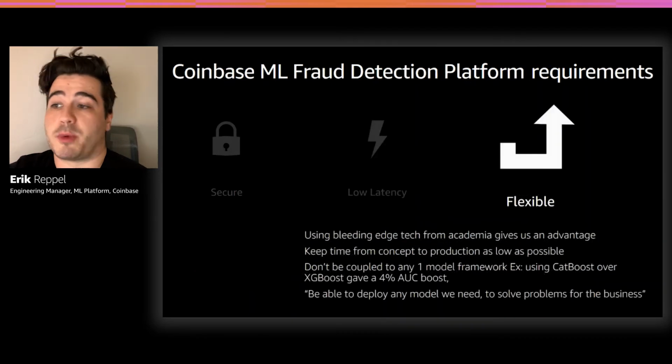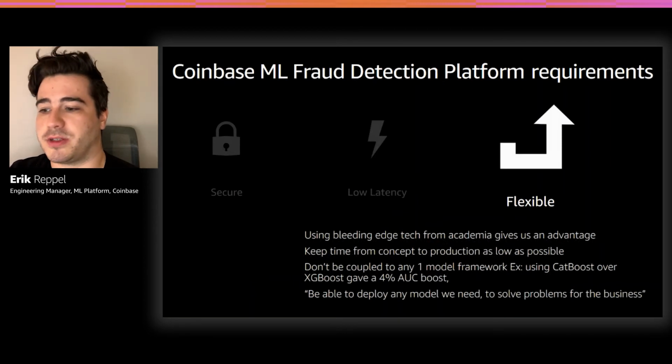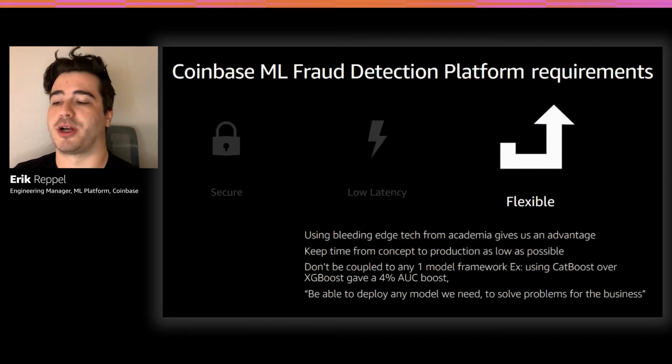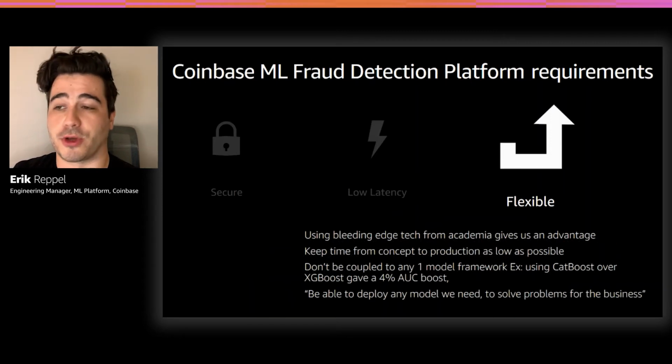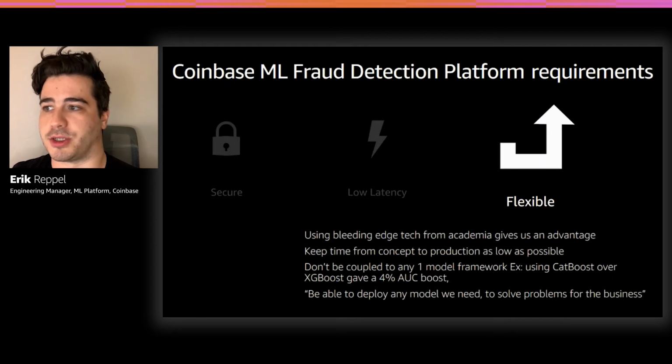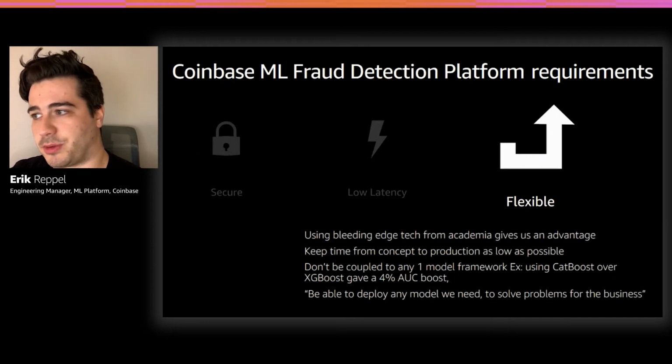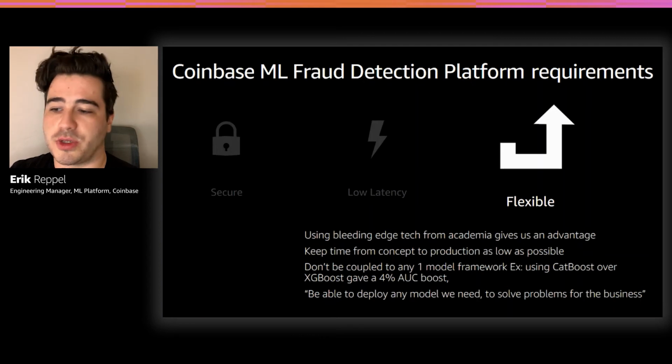We also wanted our platform to be flexible. We believe that there is an advantage in using bleeding edge tech, and so we want to incorporate research into production as quickly as possible to solve our problems. We also want it to be low friction to add a new type of model to production, and we didn't want to be tied to any singular modeling framework.